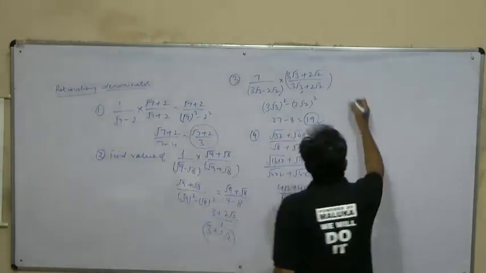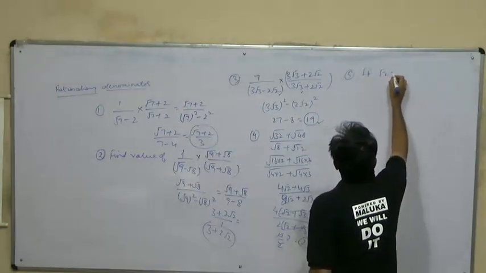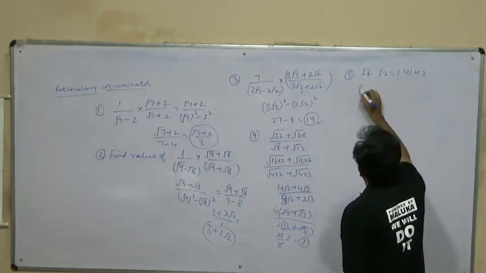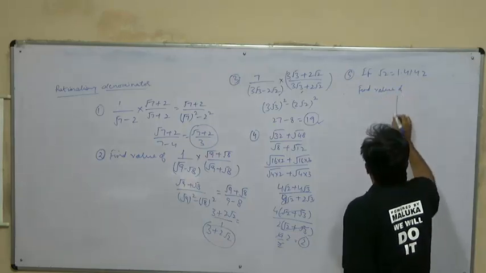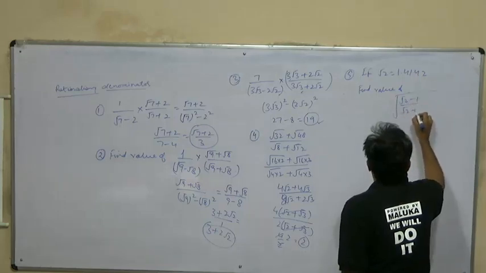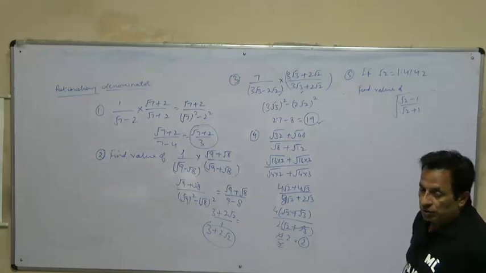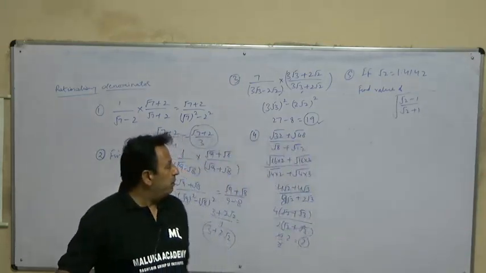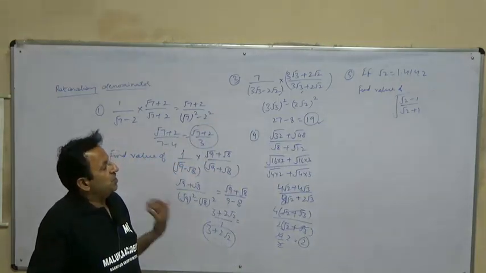The next is, we are given that under root 2 is equal to 1.4142. Find the value of under root 2 minus 1 upon under root 2 plus 1. As we know, there is an irrational number in the denominator. So what we will do, we will multiply and divide by the conjugate of this number, that is a number opposite in sign to this.